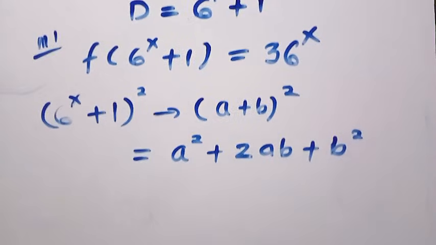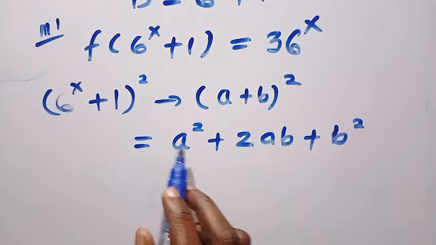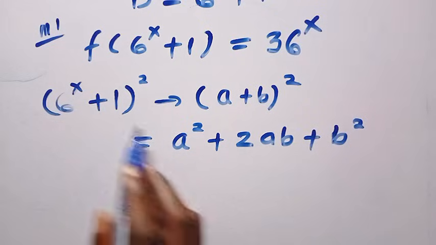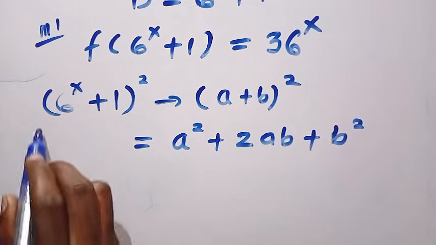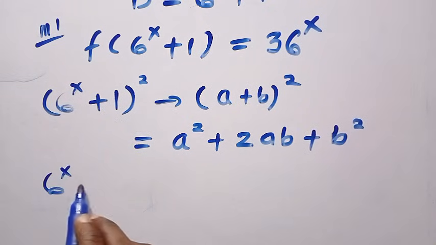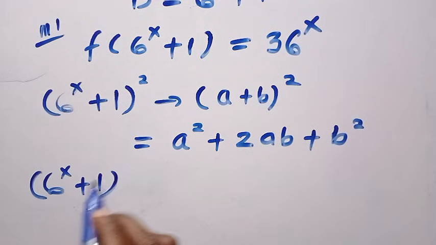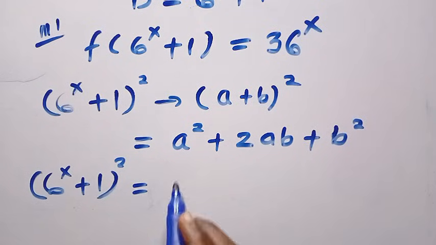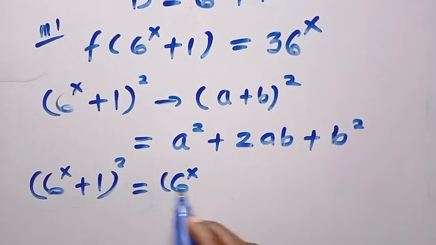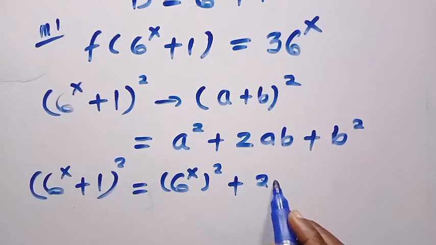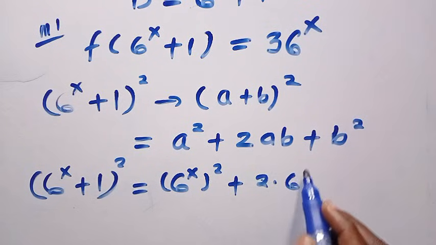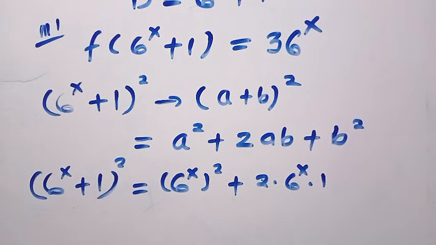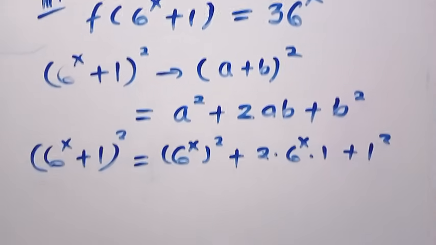So this is what we have. If a is 6 power x and b is 1, here we have 6 power x plus 1 all raised to the power of 2 equals 6 power of x then raised to the power 2, plus 2 multiplied by 6 power x multiplied by 1, then plus 1 raised to the power of 2.